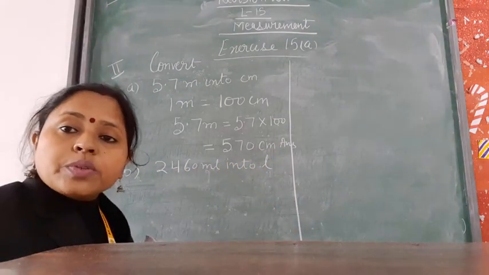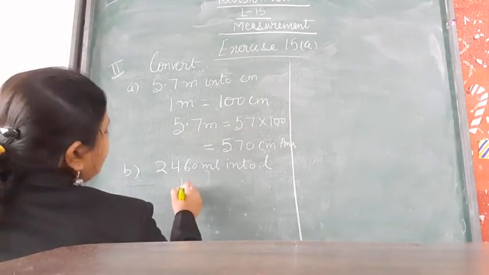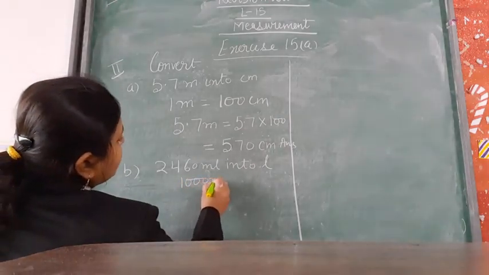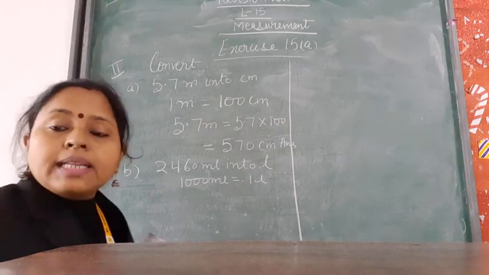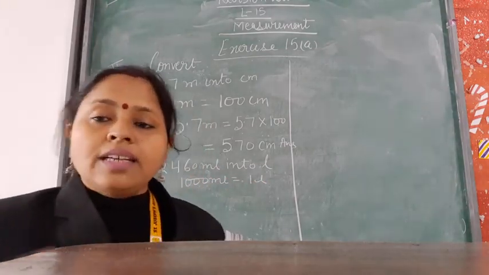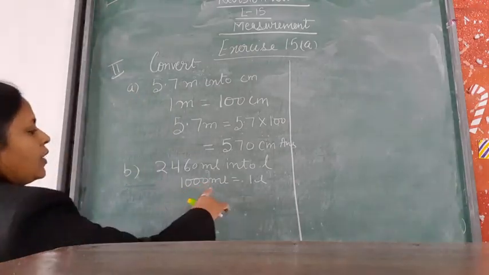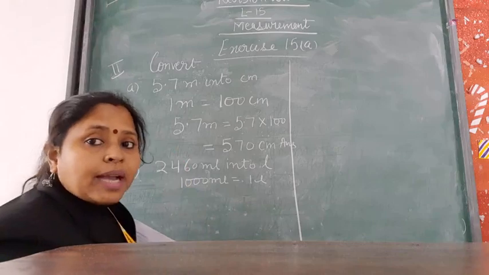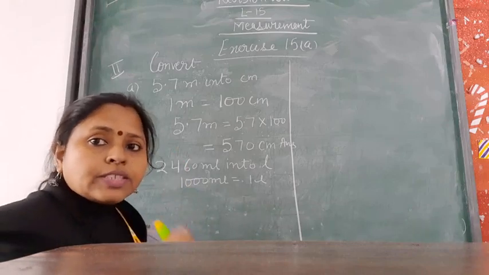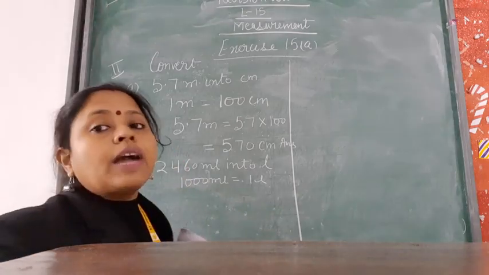Okay, so how are we going to solve this question? Let's see. We know that small 1000 milliliter is equal to 1 big liter, and it is obvious that milliliter is the smaller unit and liter is the larger unit, right? So we have to change a smaller unit into larger unit. So again we will apply that principle, that whenever we are changing a smaller unit into larger unit, we have to divide.